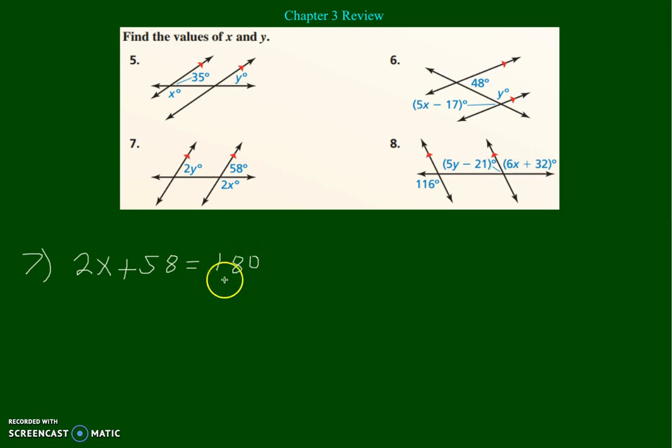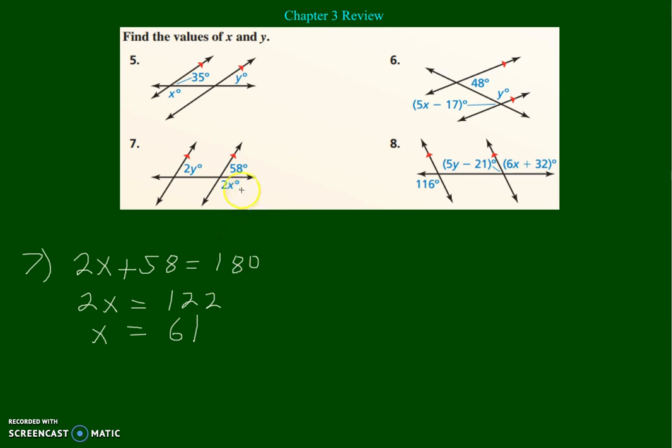We're going to use the subtraction property of equality to subtract 58 from both sides. 2x equals 122. And then we're going to use the division property of equality to divide by 2. X equals 61.